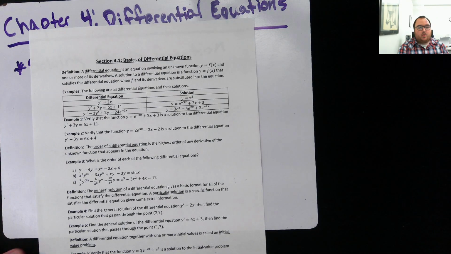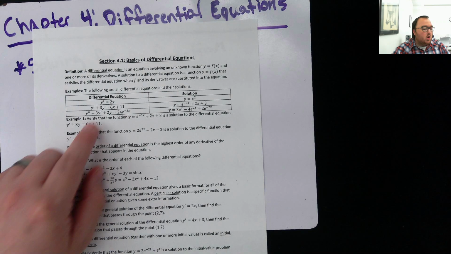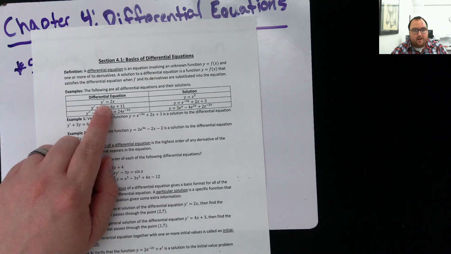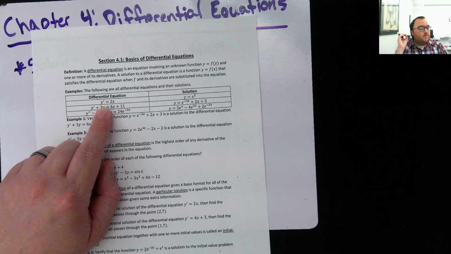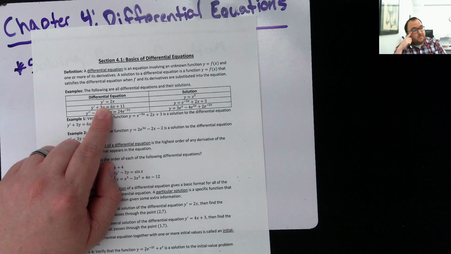So, looking at some examples, like this first one right here, an example would be y prime is equal to 2x. What this means is I want to know what function y is such that y prime is equal to 2x.